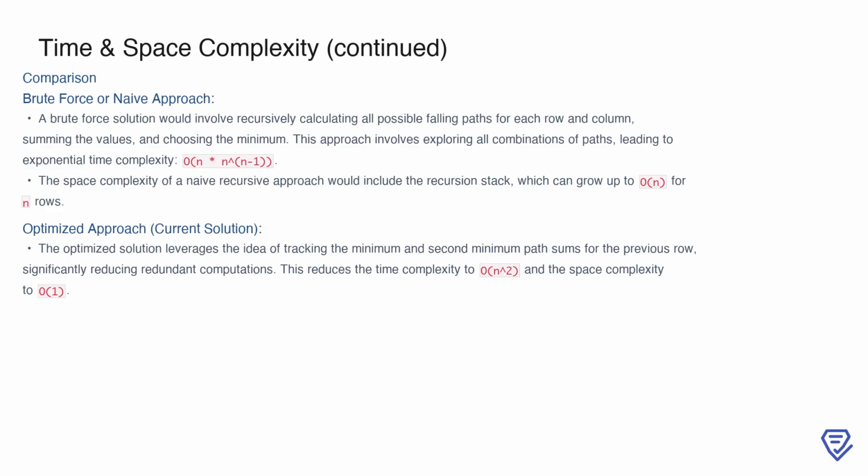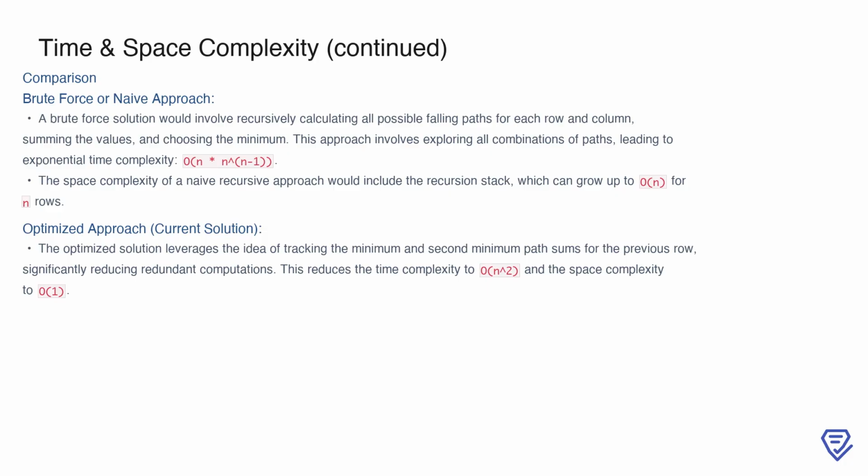Furthermore, the recursion stack in this naive solution could grow up to O(n) for n rows, increasing the space complexity. In contrast, the optimized solution significantly reduces redundant calculations by tracking only the minimum and second minimum path sums for the previous row. This improvement brings the time complexity down to O(n²), and the space complexity to O(1), making it far more efficient.